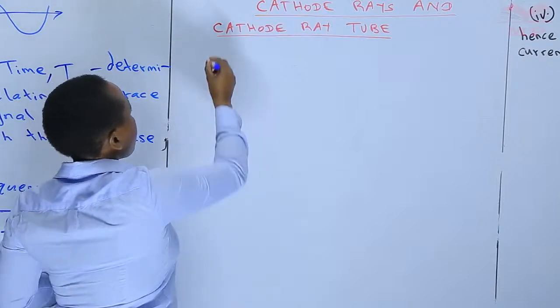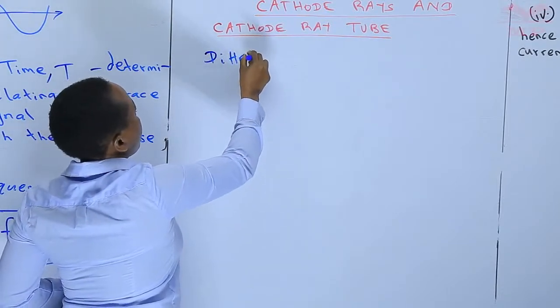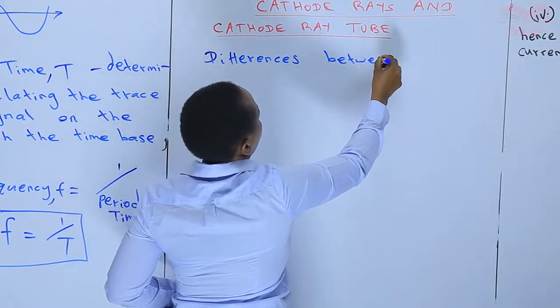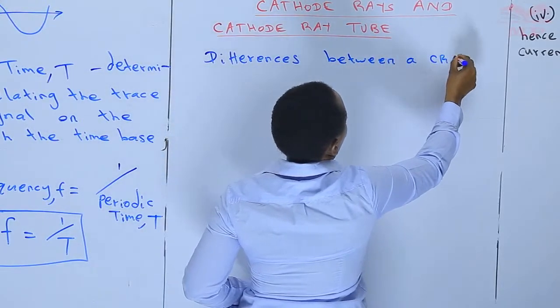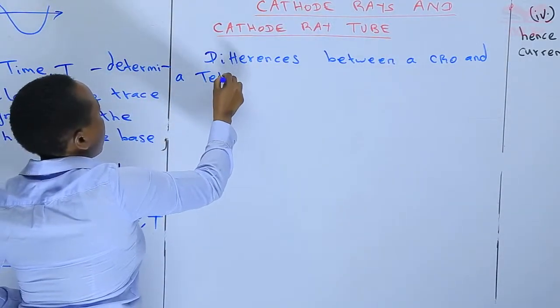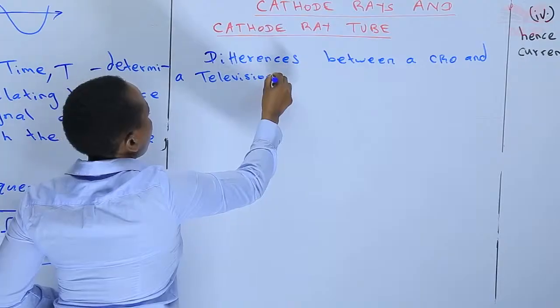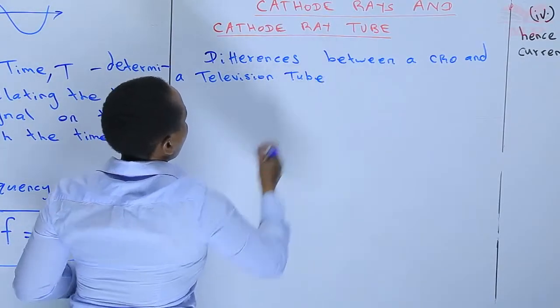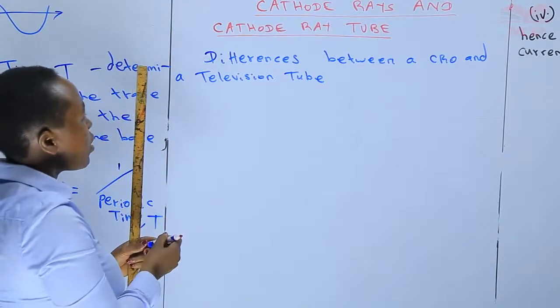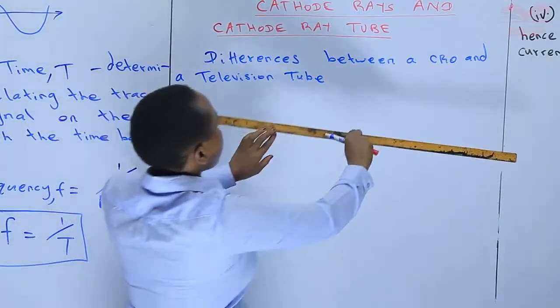So differences between a CRO and a television tube. So what are the differences between the two? Differences between a cathode ray oscilloscope and a TV tube.